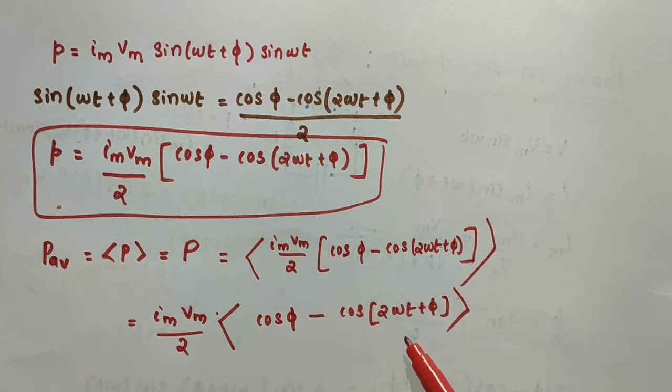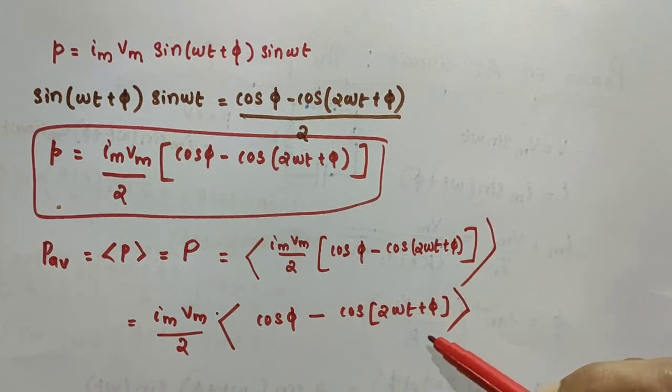We want to find out the average value of cos of 2 omega t plus phi only, because when we are considering the average value, we need that t there. This term doesn't have any t, so that can be taken as a constant.